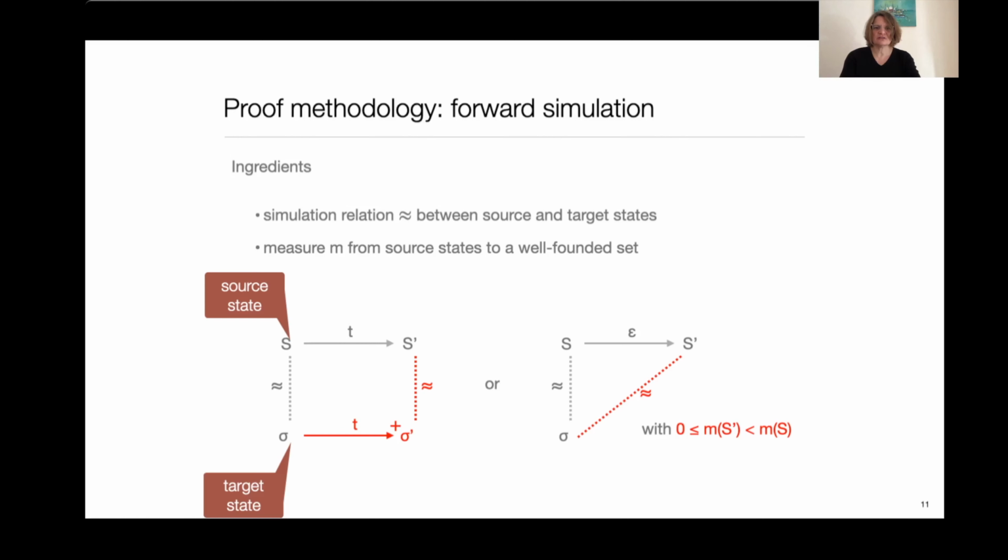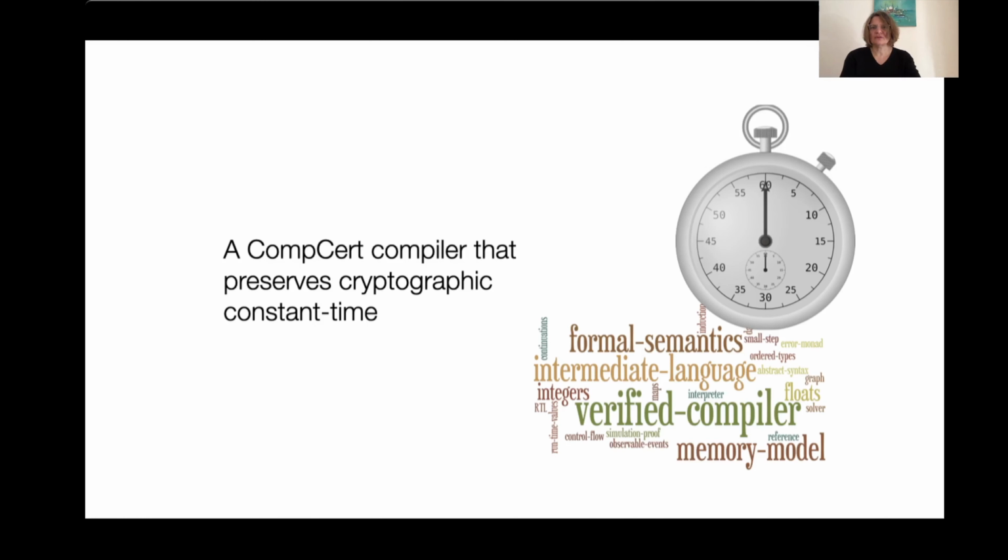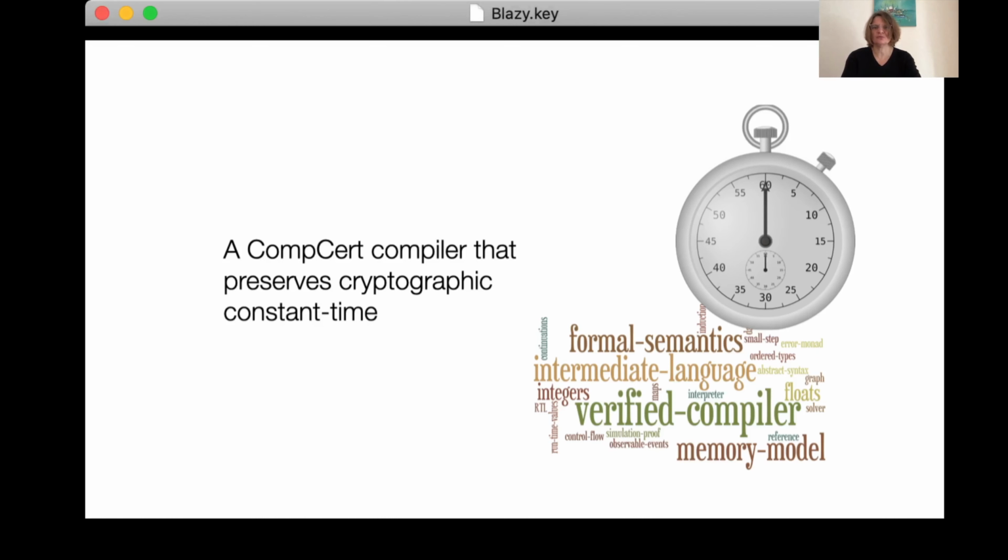In such situations, the trace must be empty, and we use a measure associated to the source state that decreases, to ensure that no stuttering steps can happen because of infinite executions. So, after this background on CompCert, I will explain first how we define our security policy, and second, how we modified CompCert to preserve it.